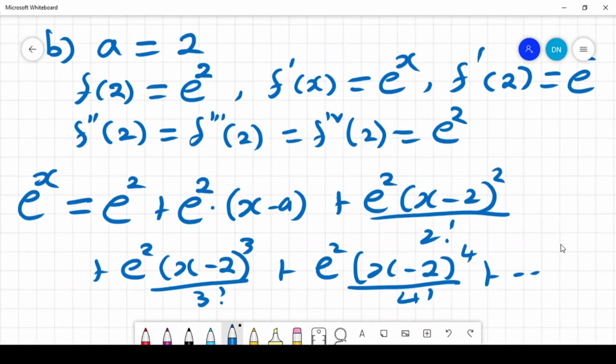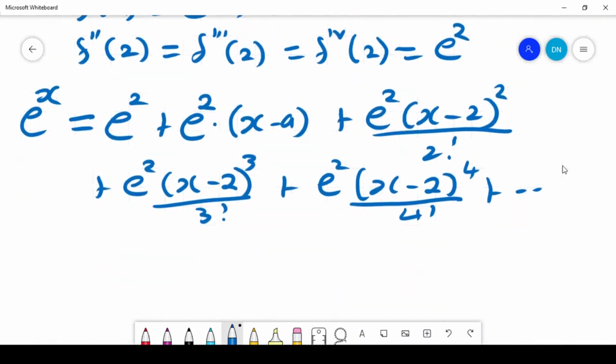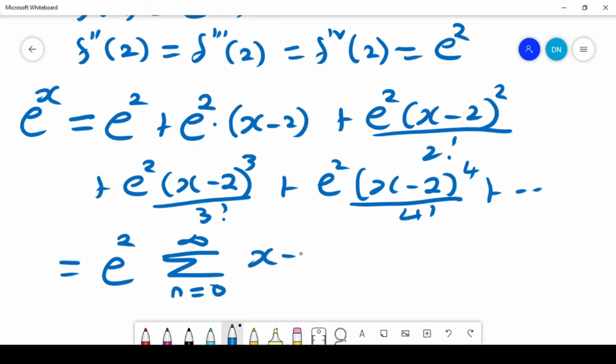And I can simplify this. This should not be a. Yes, it's a, but I know the value of a. My a is 2. I can write this as e raised to power 2, then summation n from 0 to infinity of x minus 2 raised to power n all over n factorial.